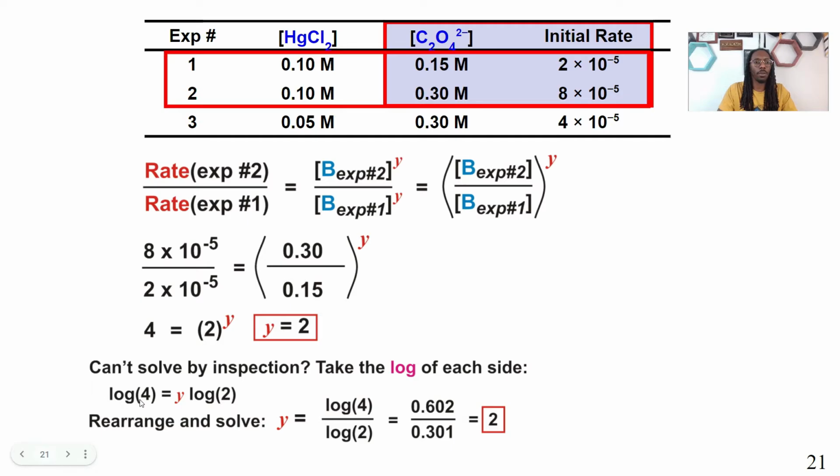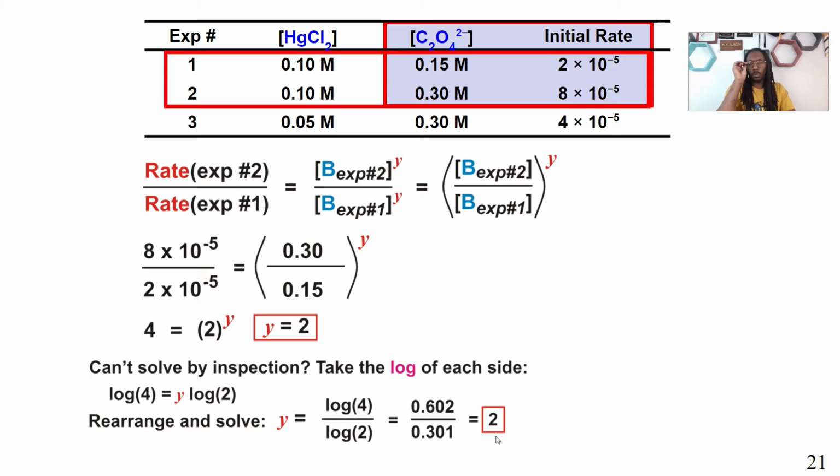So now I got log 4 equals, now what I did here is basically it was log 2 to the y, but if you remember from algebra, you can bring that exponent down in front of the log to where now it looks like this: y times log 2. Then you could just rearrange and solve for your y. So you're going to divide by log 2, and now you got log 4 divided by log 2. If you do the log of both of these, you're going to get 0.602 divided by 0.301, which is going to give me the same answer, 2.